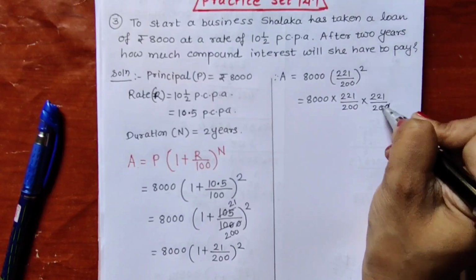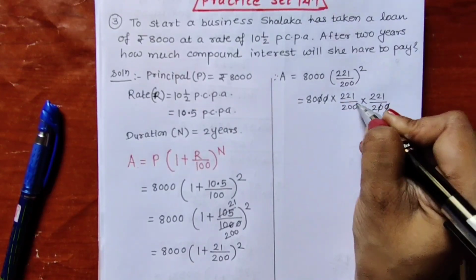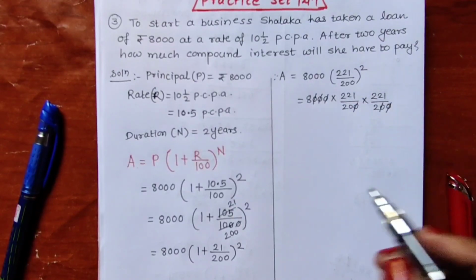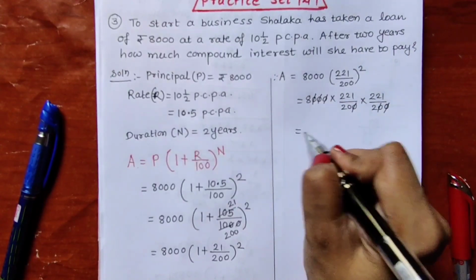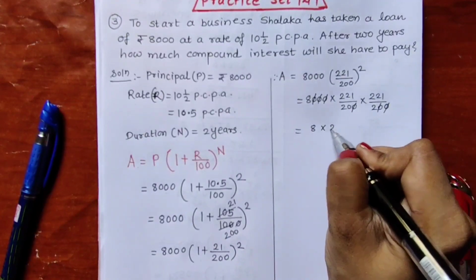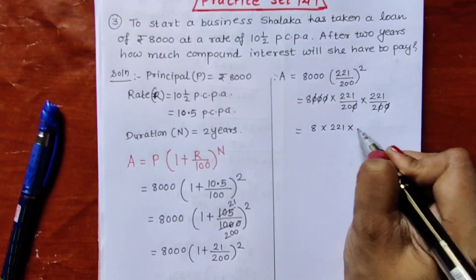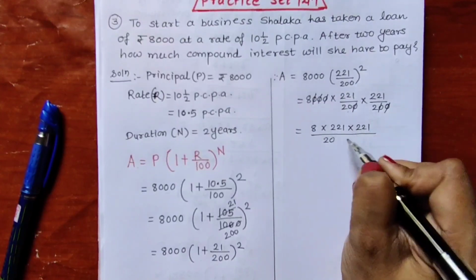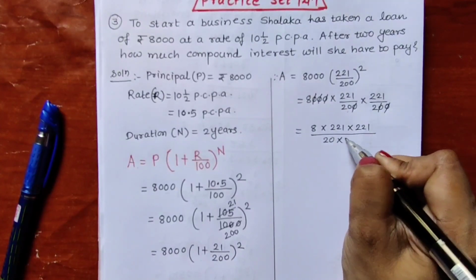Now we will cancel the zeros. Only one 0 can be cancelled here. So we will be getting 8 multiplied by 221 multiplied by 221 upon 20 here and 20 from the second denominator.